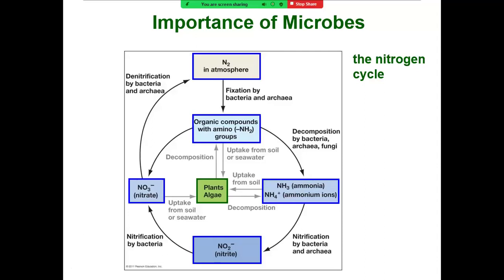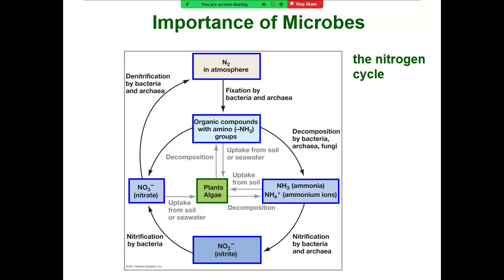The ammonia or the ammonium ions can be nitrified by bacteria and archaea into nitrite. The nitrite can be nitrified by bacteria into nitrate. Nitrate is the source of nitrogen that green plants and algae really like.